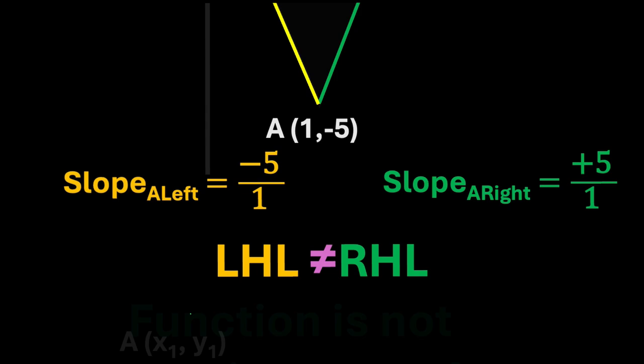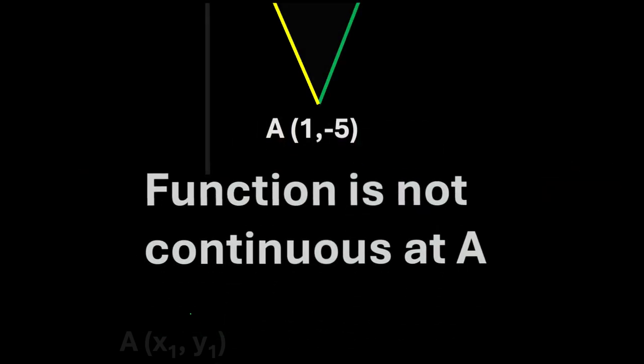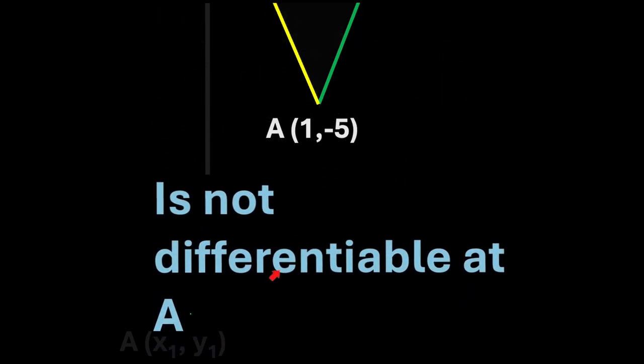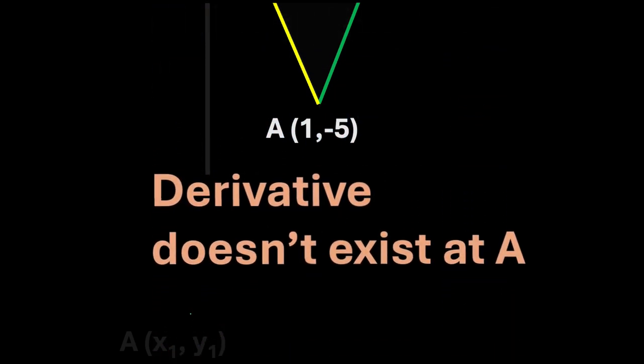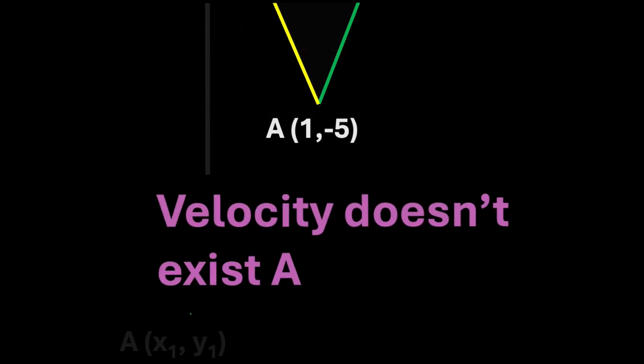And when the left hand limit is not equal to the right hand limit, the function is not continuous at A. When the function is not continuous at A, it is neither differentiable, which means the derivative doesn't exist at A. This is the derivative of the displacement time graph, which gives us velocity, and therefore velocity doesn't exist at A.